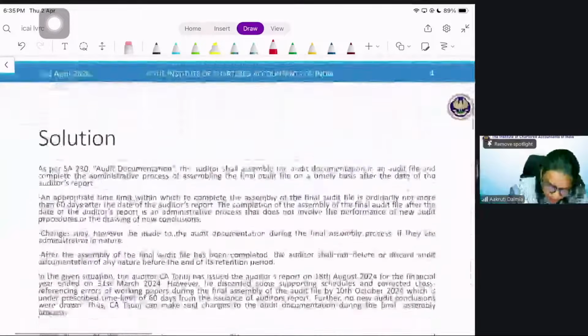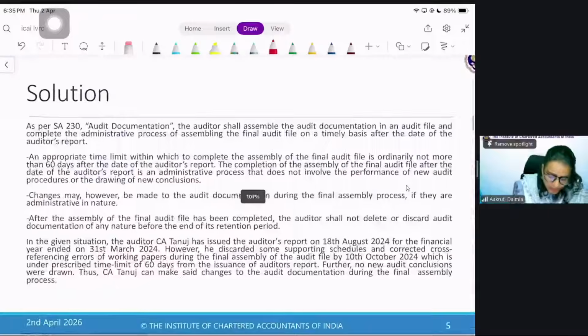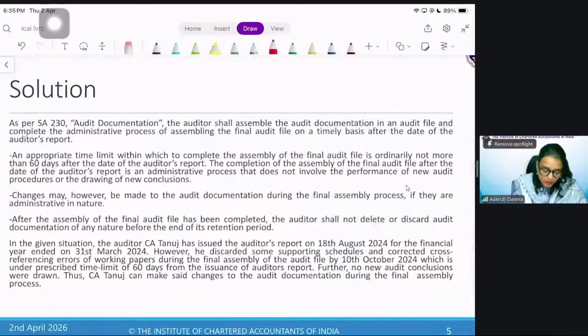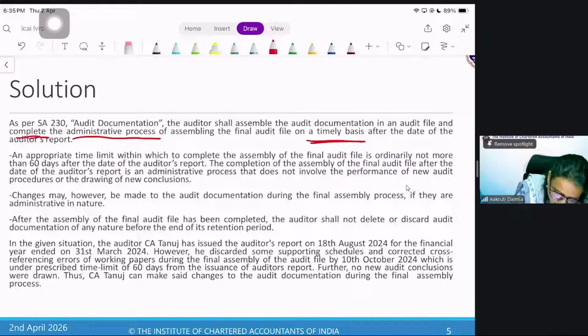Okay, now see the answer. As per SA 230 Audit Documentation, the auditor shall assemble the audit documentation in an audit file and complete the administrative process of assembly on a timely basis after the date of the audit report. An appropriate time limit within which to assemble the file is ordinarily not more than 60 days after the date of the audit report.